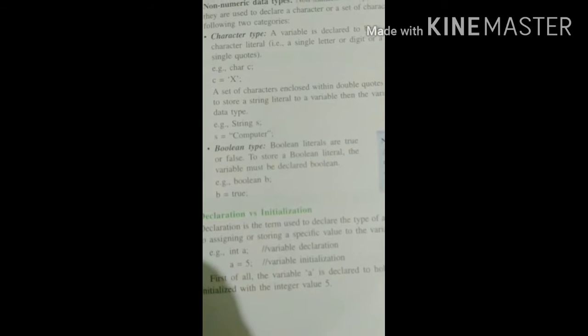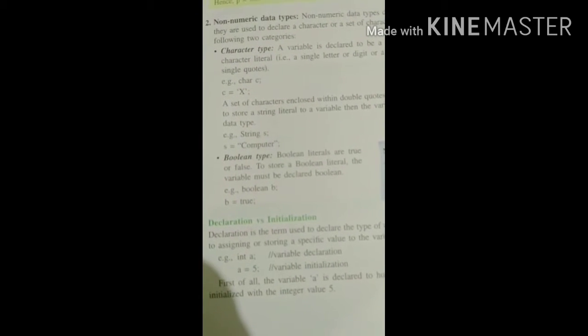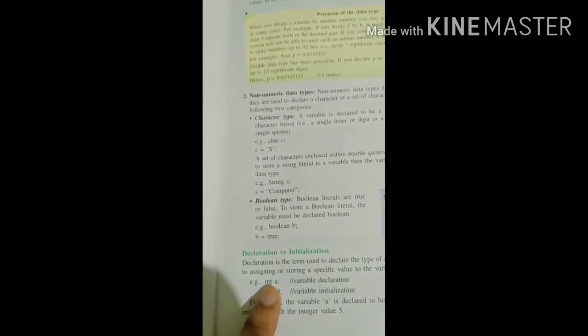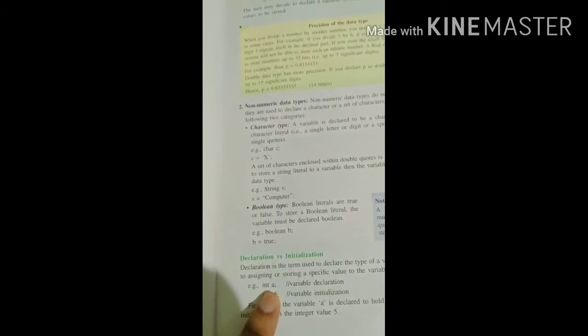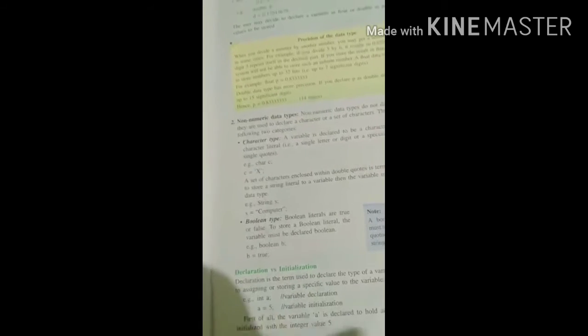This is initialization. We are initializing the value of a as 5, the first value of a is 5. Okay, so this is the difference. int a is variable declaration and a equal to 5 is initialization.